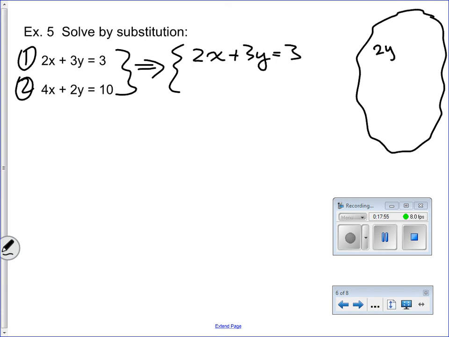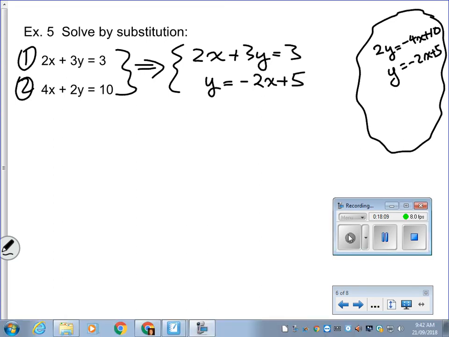So we got 2y is equal to negative 4x plus 10. Divide both sides by 2, so you get y is equal to negative 2x plus 5. And that's what you put as your equation. And then continue on with your calculations, guys. Good?